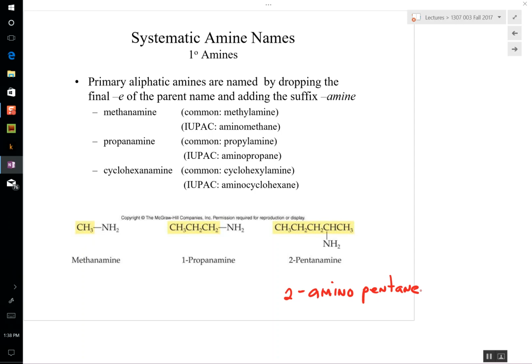And another IUPAC convention is to drop the E on the pentane and add the word amine. But now you have to put a number in front of it. It's 2-pentanamine. So these are both IUPAC names.